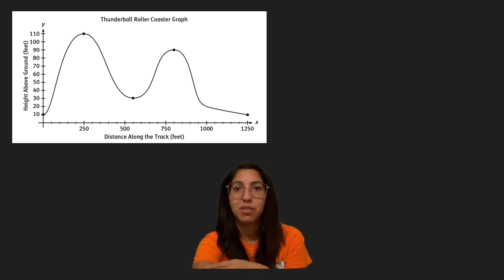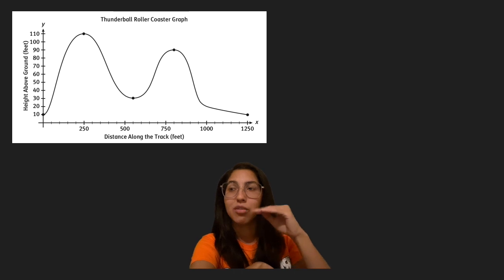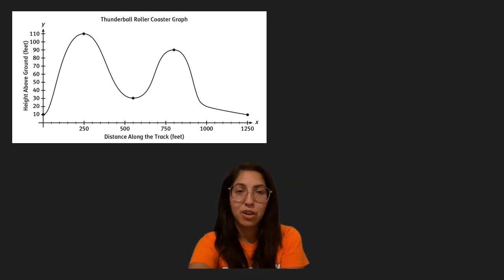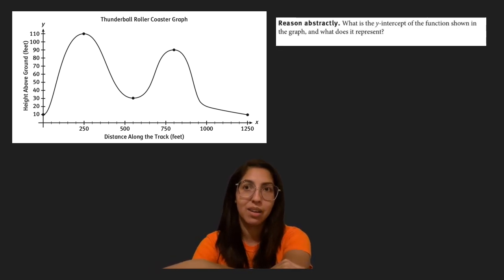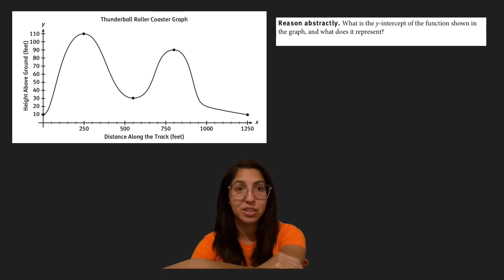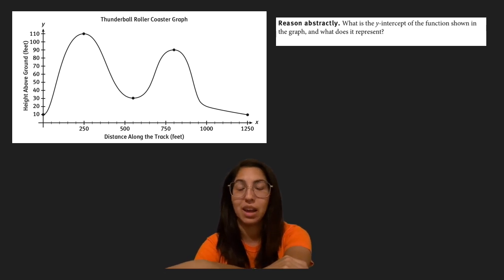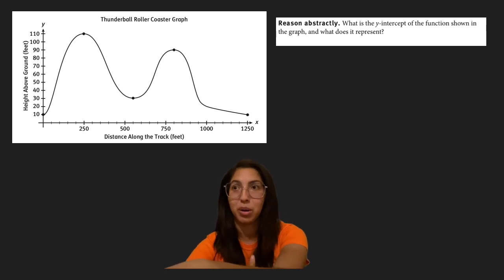The dependent variable is the height off the ground, so how far is this roller coaster actually off the ground? With these ones you are going to have a couple of different questions, so you've got to be prepared to answer everything, really break this graph apart.